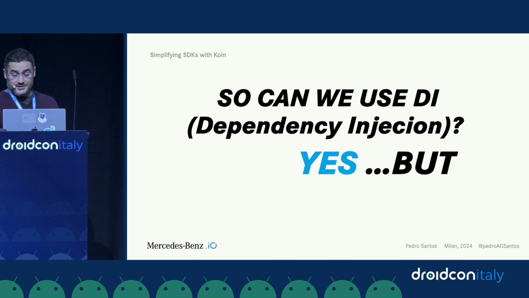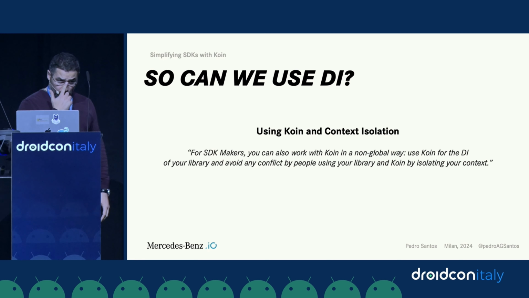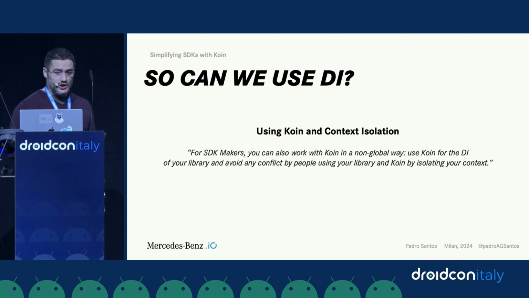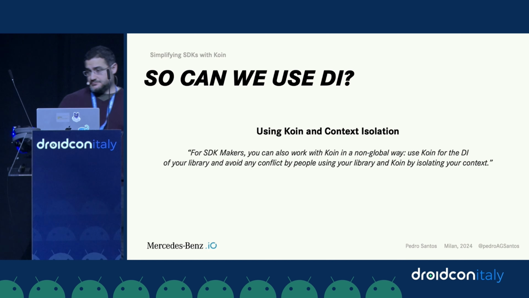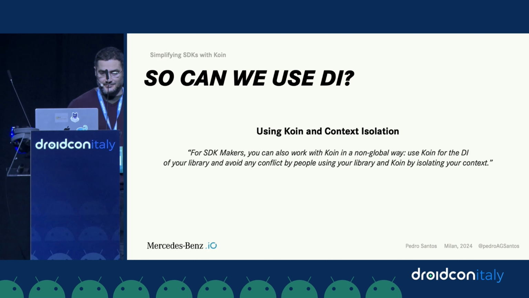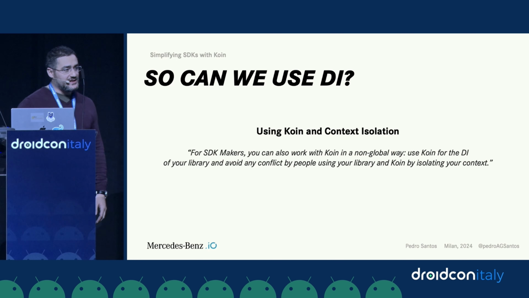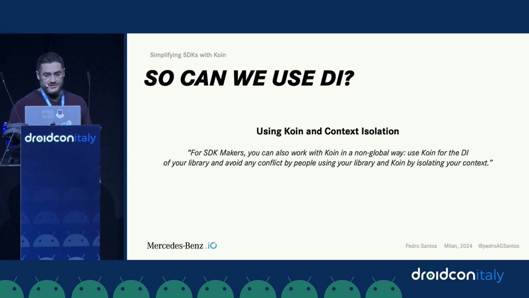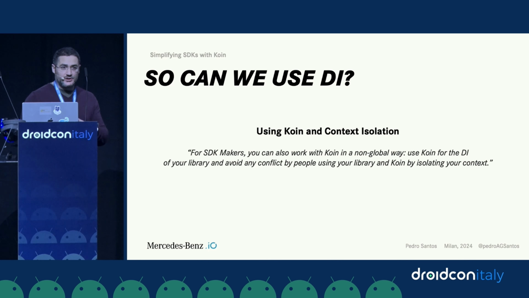So first things first, how can I use it, right? In Koin, there is a so-called context isolation. You can actually use Koin within your SDK, and I'm not going to read it, but this is quoted from the Koin website: context isolation allows you to work with dependency injection in a non-global way, right?